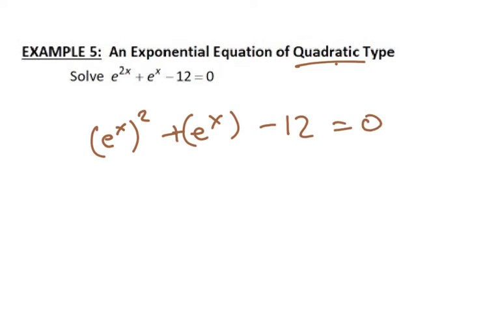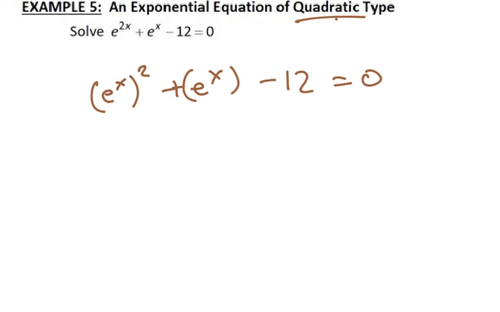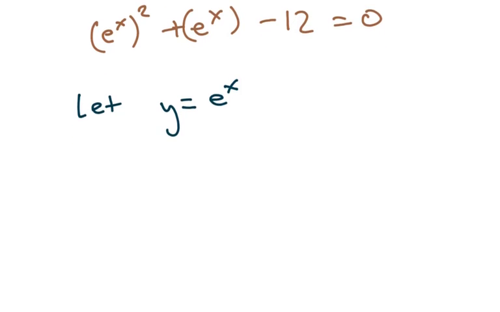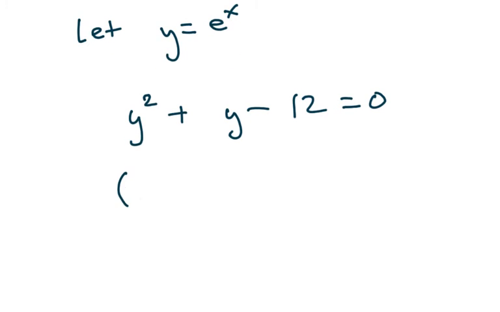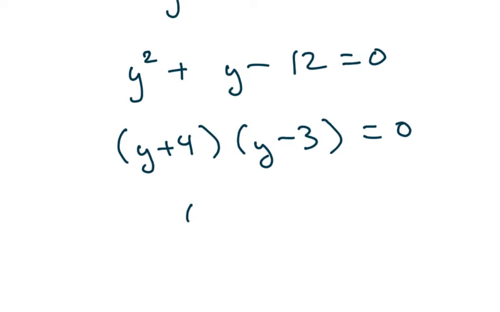Usually most textbooks like to just say let some letter, I'm going to say y, equal e to the x. The reason we want to do that is that y squared plus y minus 12 gives us something we're very comfortable looking at. We can easily factor this to y plus 4, y minus 3, and then this gives me y equals negative 4, and y equals 3.